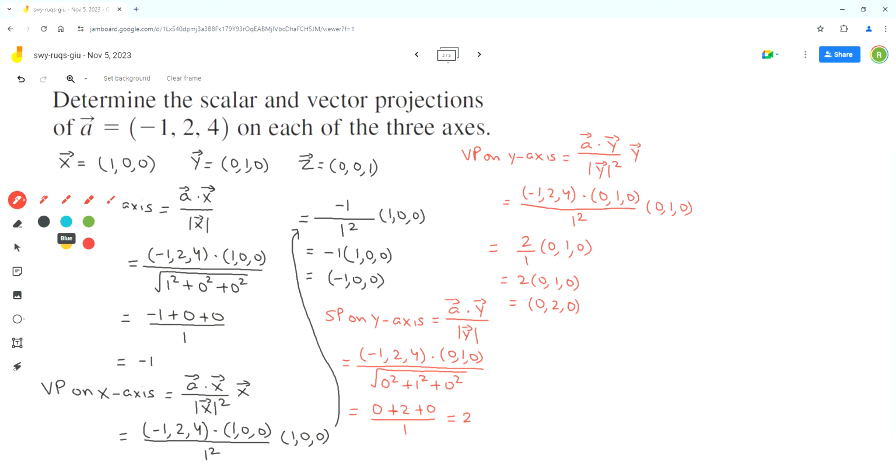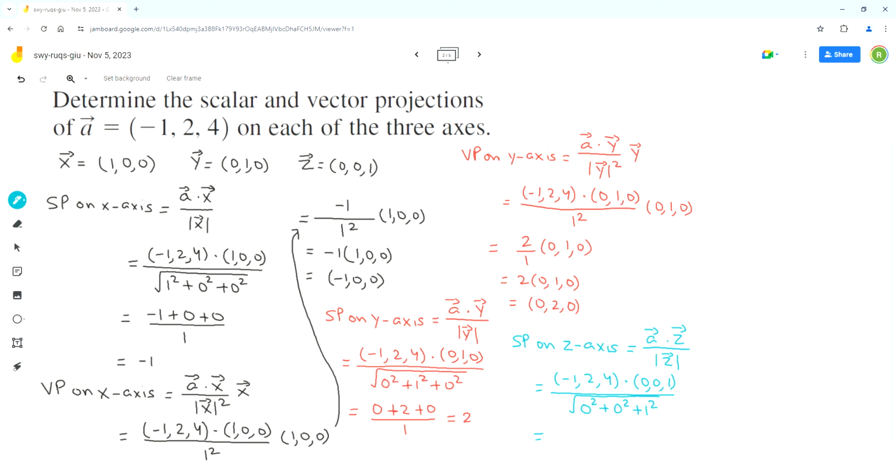Now we can do the calculation for the z-axis. Let's start with the scalar projection. Now we can do the dot product in the numerator.